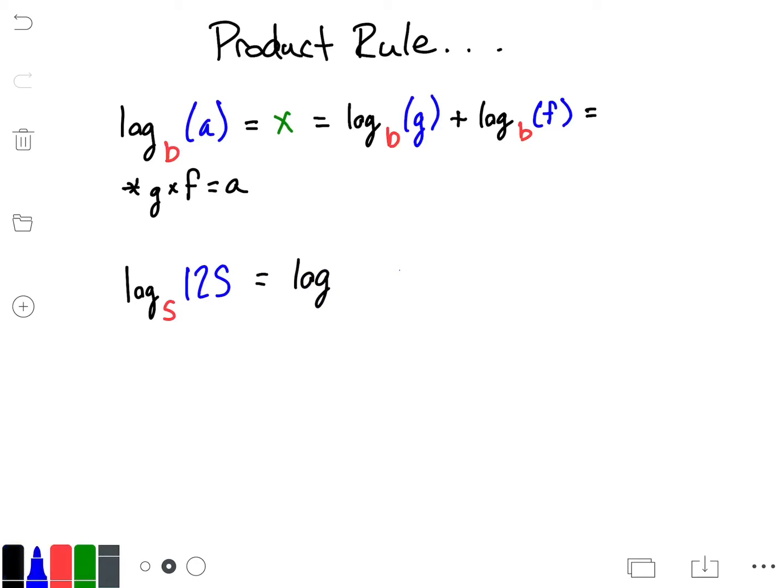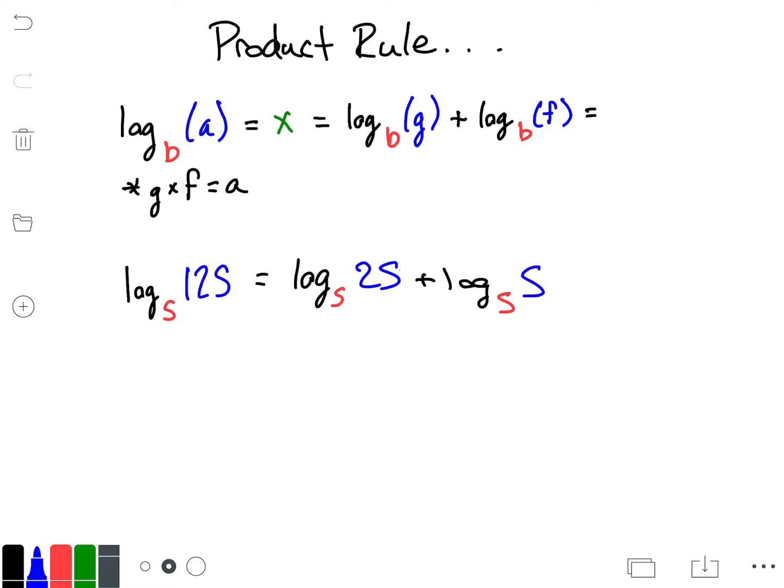We keep the same base: log base 5 of 25 times 5 will give us 125. So we'll split this into log base 5 of 25 plus log base 5 of 5. Then all we have to do is find what power we need to raise 5 to get 25, and what power we need to raise 5 to get 5.